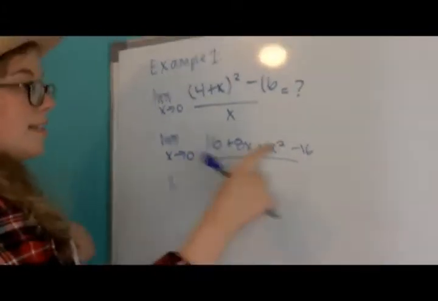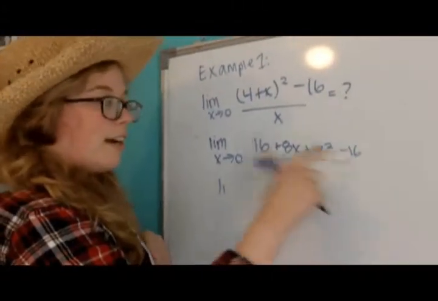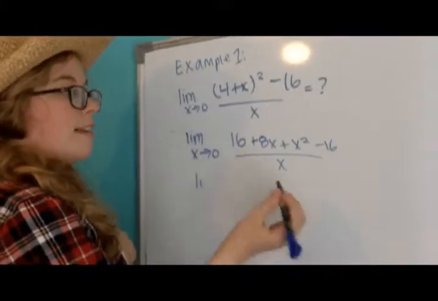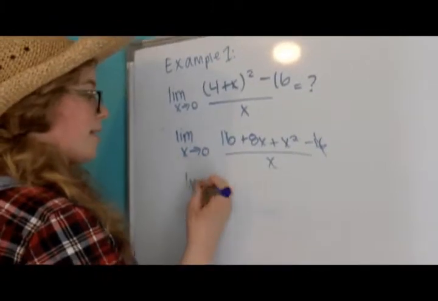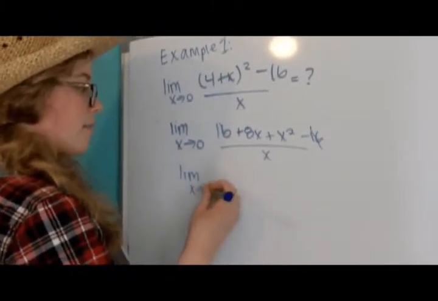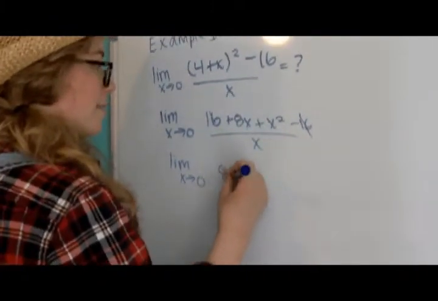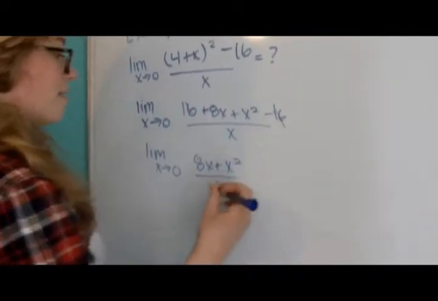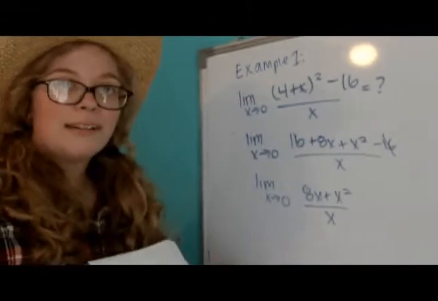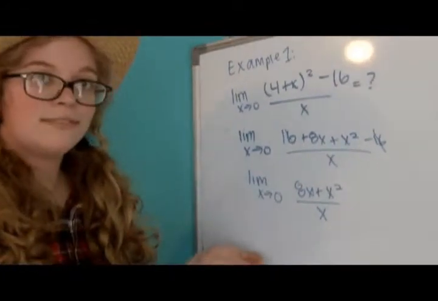Since you've got a negative 16 here and a positive 16 here, they cancel. So you end up with the limit as x approaches 0 of 8x plus x squared all over x. Now, do you see anything that can be simplified or fixed here?